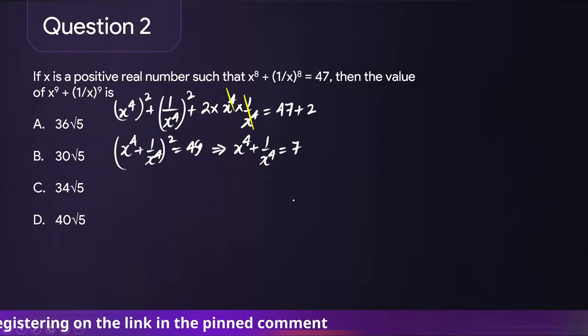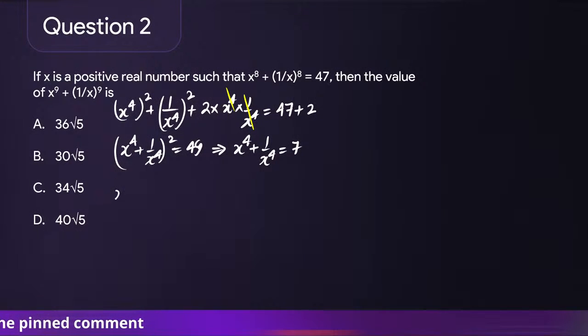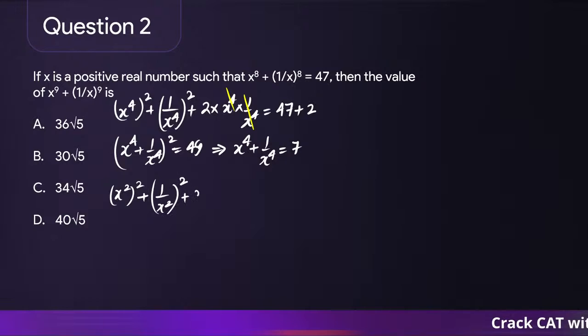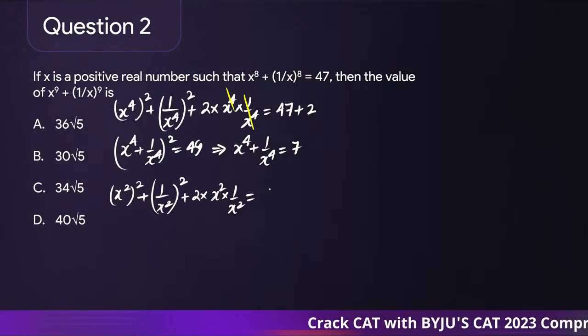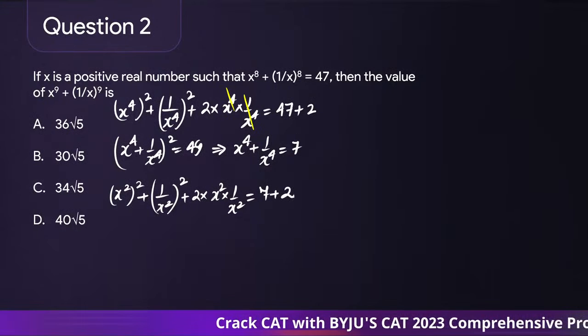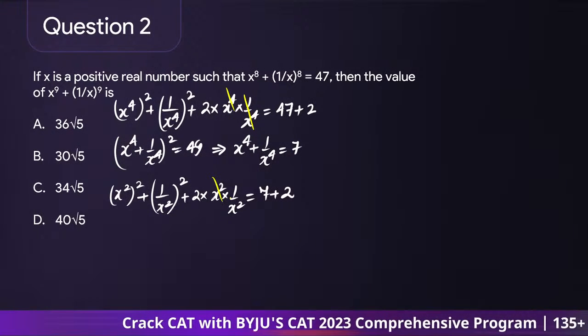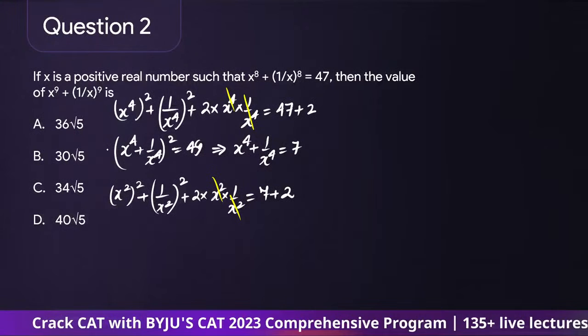हमें ऐसे करते करते backtrack करते करते x plus 1 by x तक चाहिए. So we can rewrite this as x square whole square plus 1 by x square whole square and then plus 2 times x square into 1 by x square. Same logic, 2 फिर से add कर देंगे because x square and 1 by x square they are anyways going to get cancelled out.